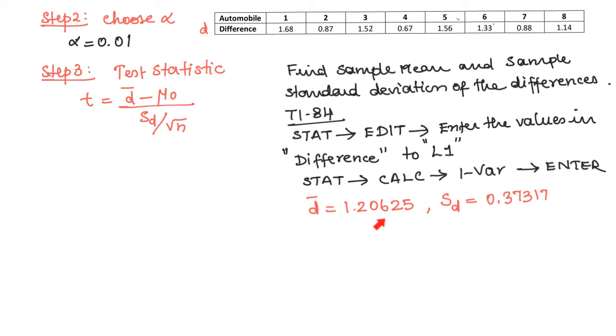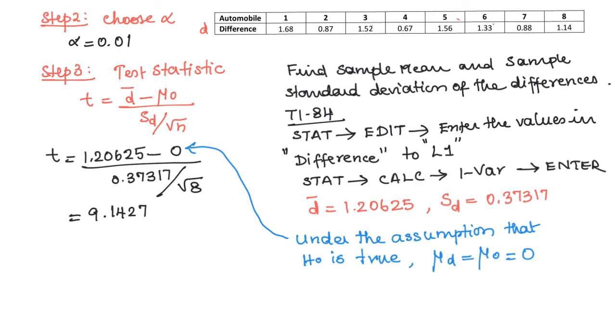Then it will give you the sample mean and the sample standard deviation of the differences. Then substitute these values here to find the test statistic. Under the assumption that H naught is true, mu D will be equal to mu naught, and that will be equal to 0. Test statistic is equal to 9.1427.